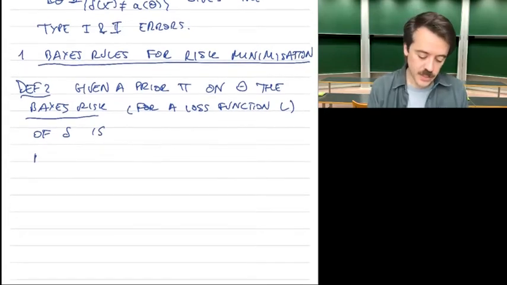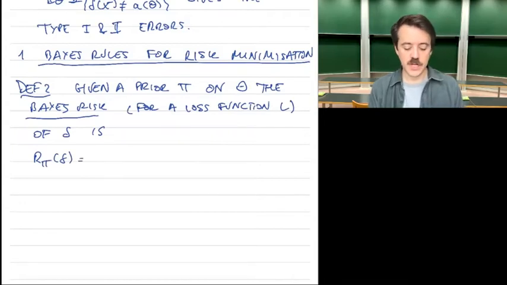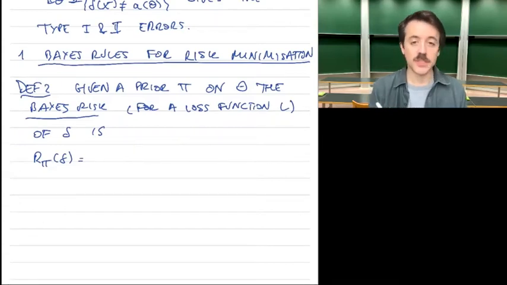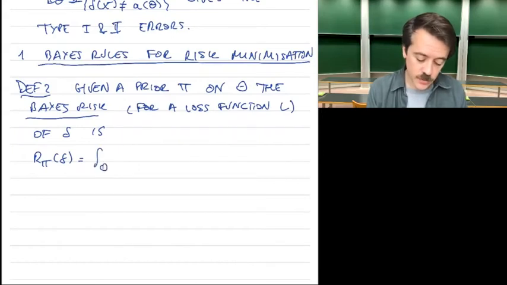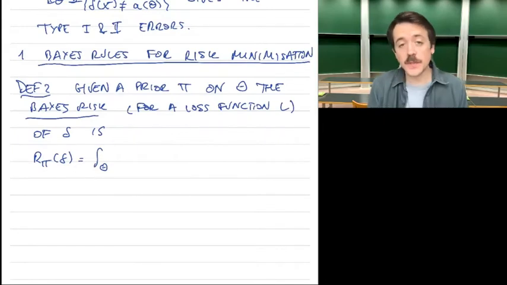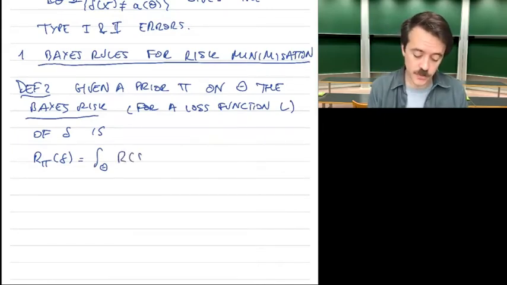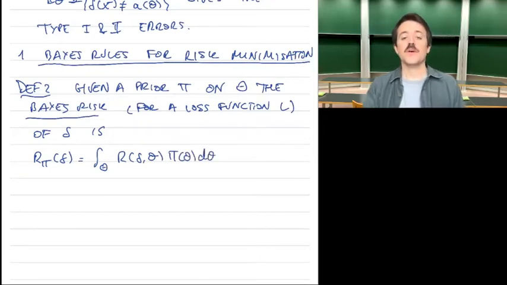So we have here R pi of delta. This is how we're going to denote it. Note that we've lost this theta dependence and swapped it for the prior dependence. And so this is now the integral over the parameter space, as I was saying before, of the risk.